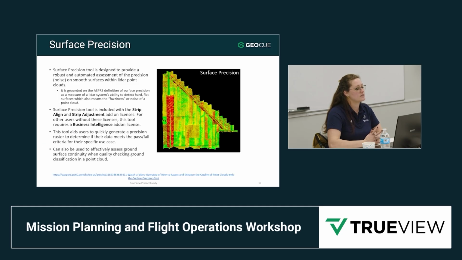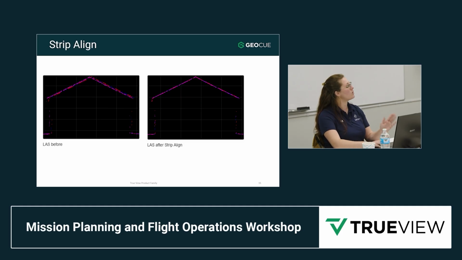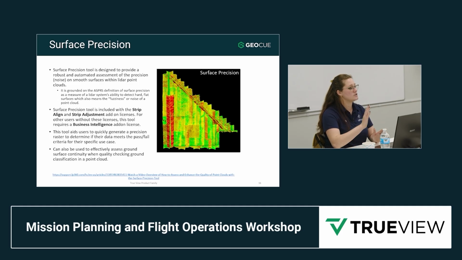Surface precision is another way that you can assess if you need to run this tool. So for example, here we were using the profile view to do that assessment, but the surface precision will allow you to look at the entire point cloud. Now, surface precision is designed to be a robust and automated assessment of precision or noise on smooth surfaces in your point cloud.